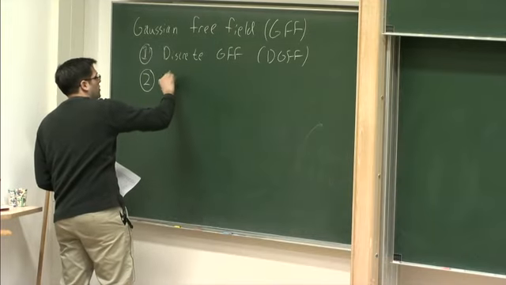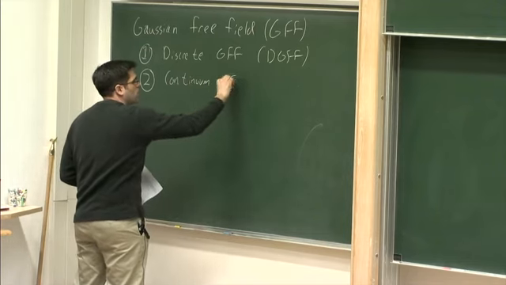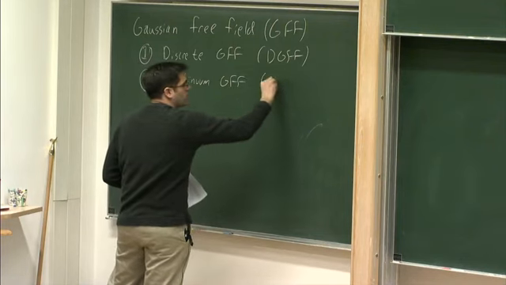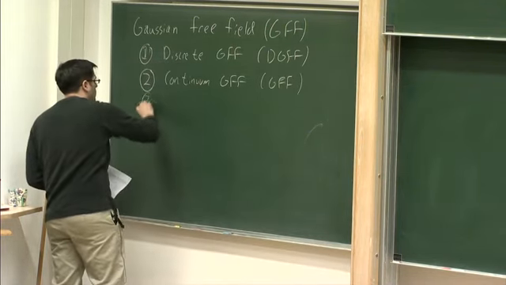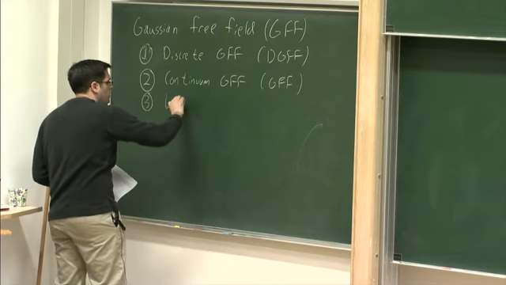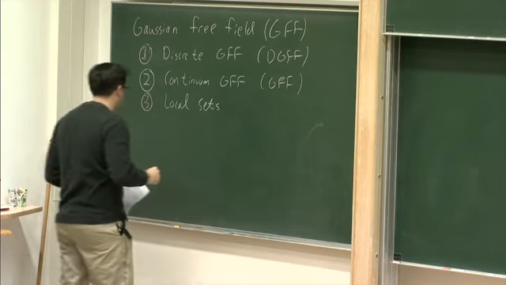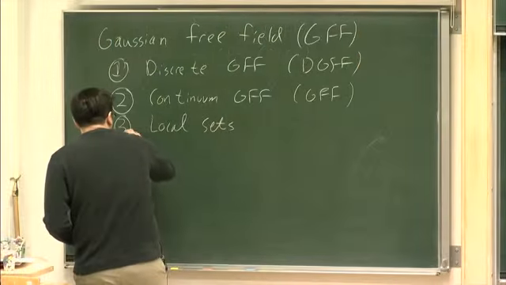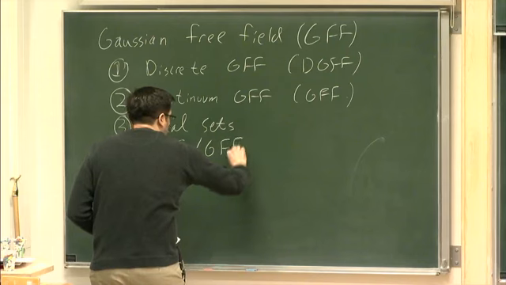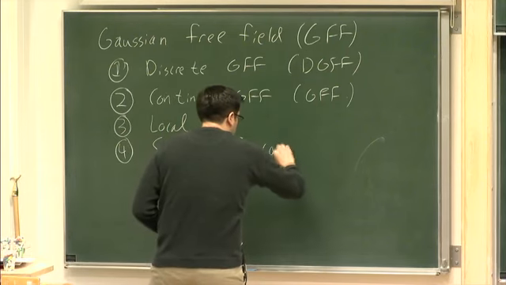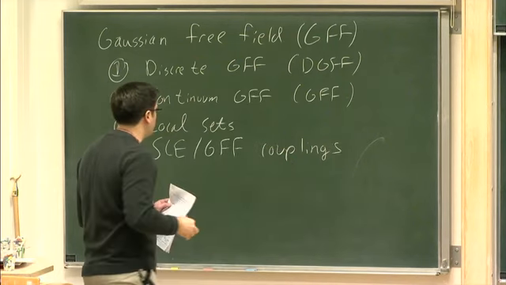Then after that, we're going to do the continuum Gaussian free field, which I'm just going to refer to as the GFF. Then we're going to describe what are called local sets for the Gaussian free field. And then finally, at the end, we'll go over the various couplings between SLE and the Gaussian free field.